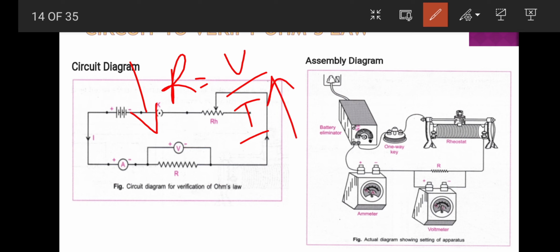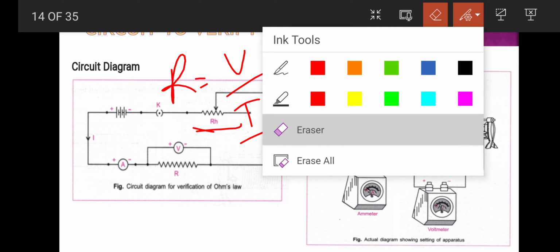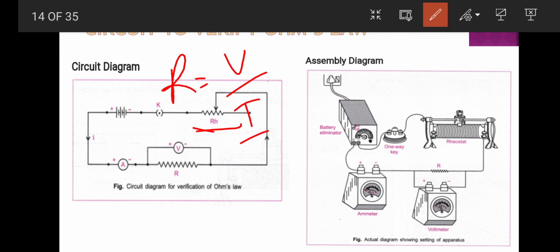Okay, so using this concept we have taken the variable resistance. Initially the resistance will be kept at minimum, 0, and then we will keep on increasing the resistance. If we keep on increasing the resistance, the current will decrease. Fine. So that we will verify.